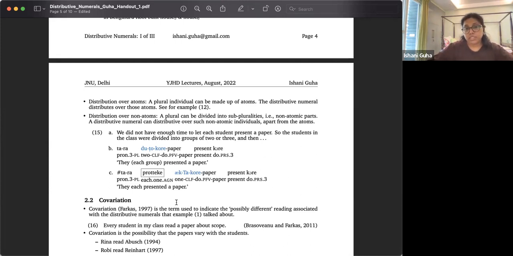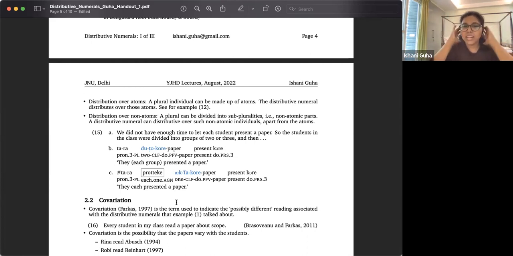So I want to mention that this very concept of distribution over subpluralities. Have you seen in Indian classical music performances that whenever the artists mention their guru, they touch their ears?